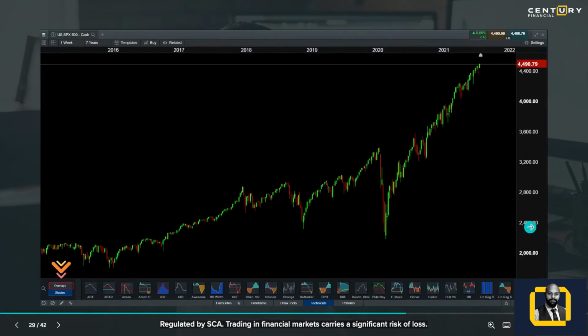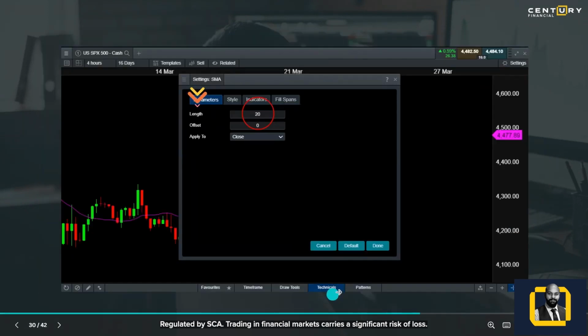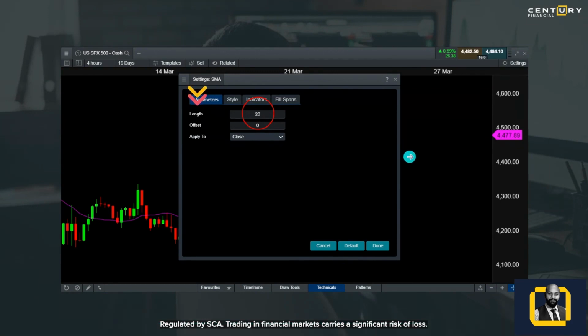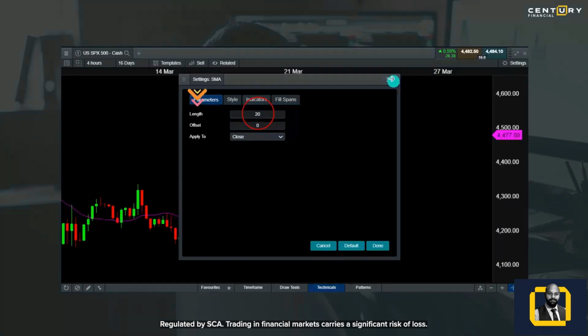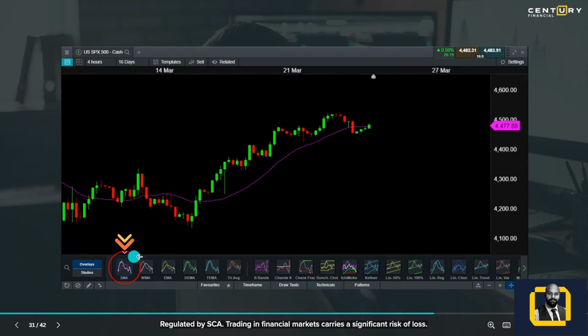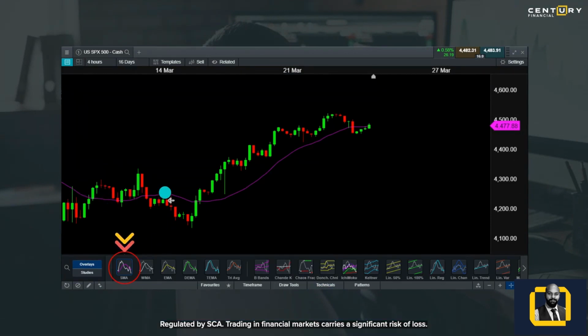Now, moving averages, you can again go to your charts, go to your technicals. You can put your period if you're looking at a 20-day moving average, 50-day moving average, or 100-day moving average. In this case, we have taken a 20-day moving average. It's a simple moving average that we have looked at. I'm sorry, let me show this chart again. Yes, so this is the 20-day moving average.